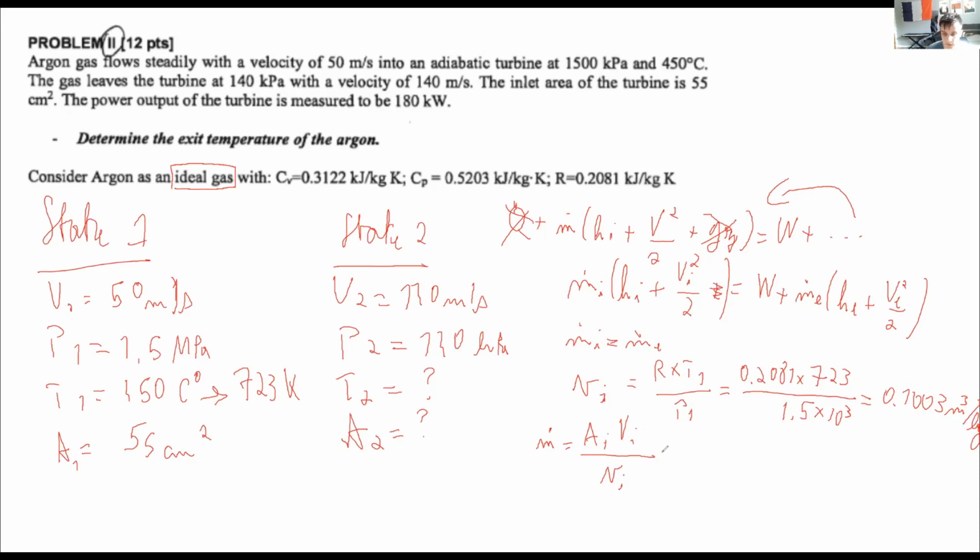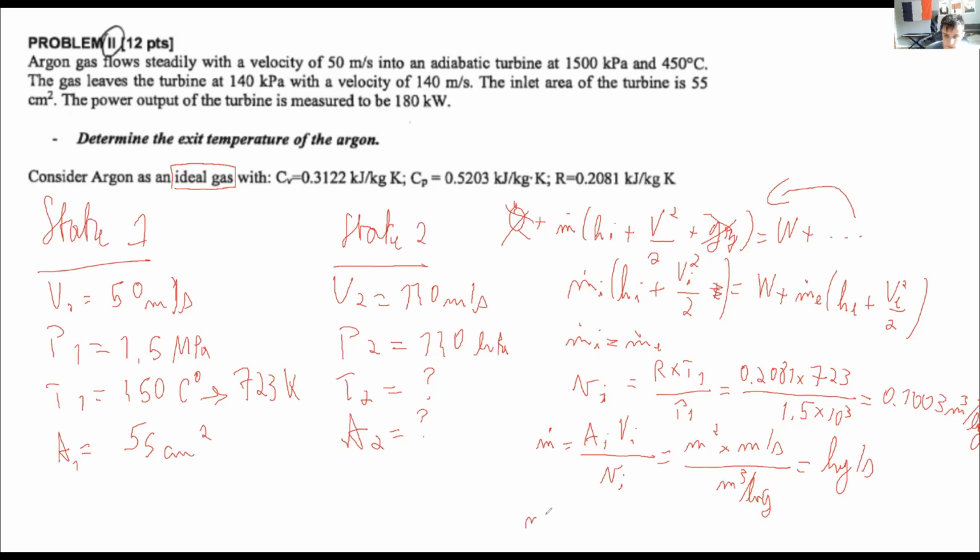Checking the units: meters squared for the area, meters per second for velocity, and meters cubed per kilogram for specific volume. That gives kilograms per second, which is the unit for mass transfer rate.